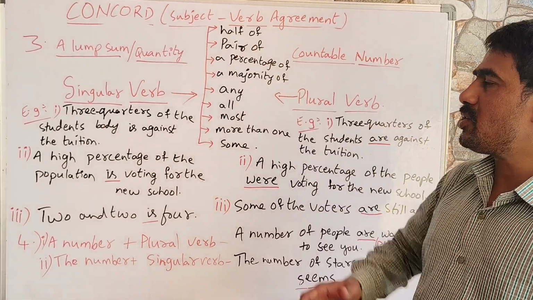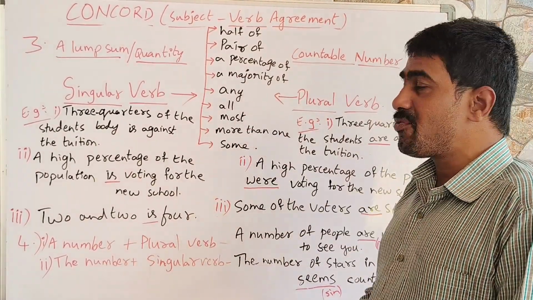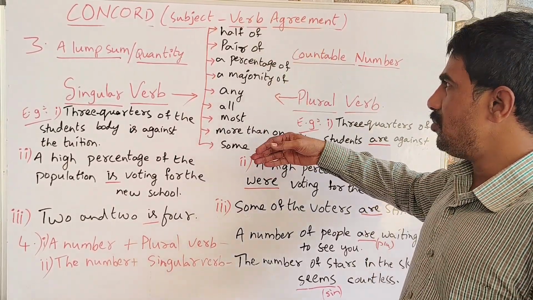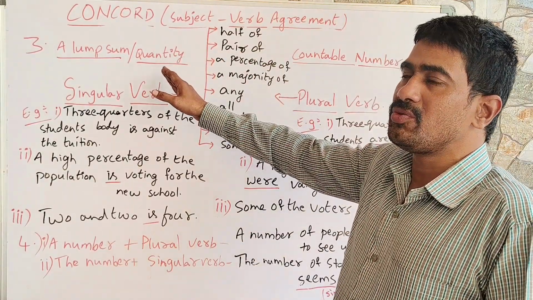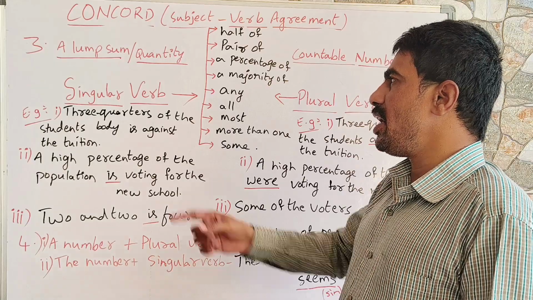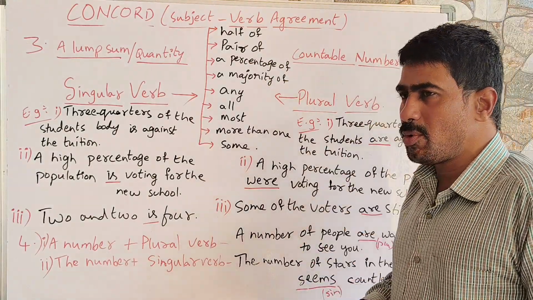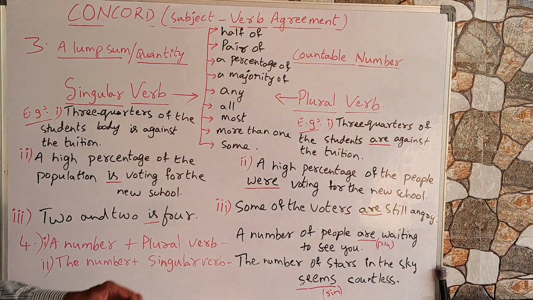So let us learn some more rules about subject-verb agreement. Friends, now let us look at the third rule. If you observe this rule carefully, there are certain words here, and if you use them with quantity, adjectives of quantity, they take the singular verb. If you use them with countable nouns, a countable number, a plural verb is taken.